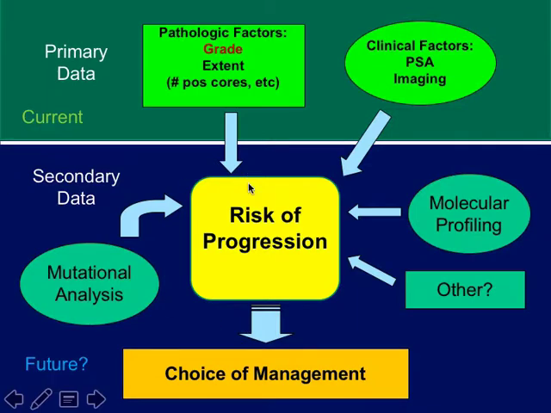Currently, I've talked today about grade, but grade and extent are still the most important things that pathologists can tell you about your tumor. And of course you add in your clinical factors, and probably PSA is going to fade away here, and we're going to see 4K, and other things probably take its place. But the future is probably now. We're starting to see more molecular profiling and mutational analysis, and these things are going to be added in to really calculate a risk of progression that will govern whether these patients should be managed more conservatively, or they should have treatment, and what kind of definitive treatment we are going to recommend.